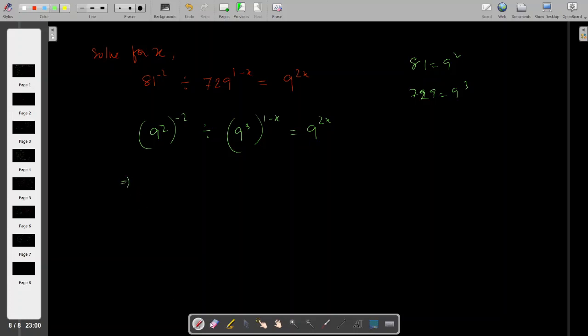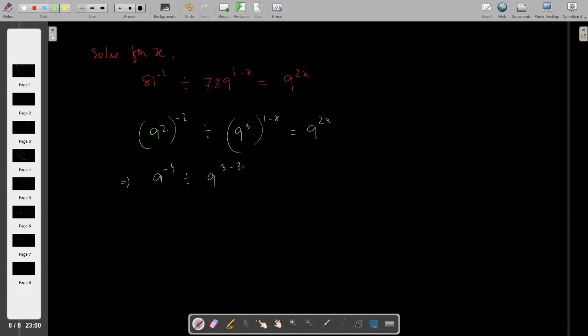Now 9 square to the power minus 2, 2 into minus 2, that will become 9 to the power minus 4. Divided by 9 cube to the power 1 minus x, it will become 3 minus 3x.